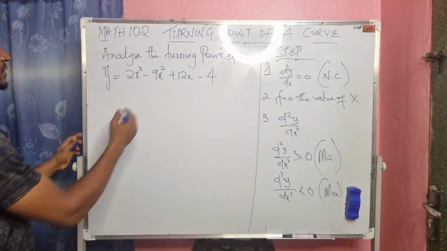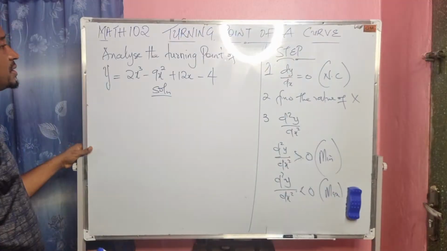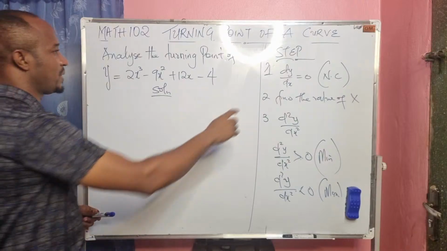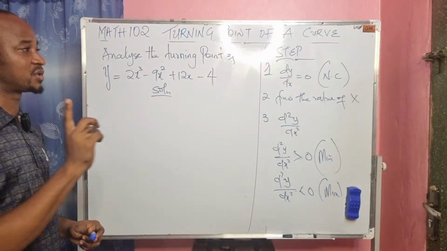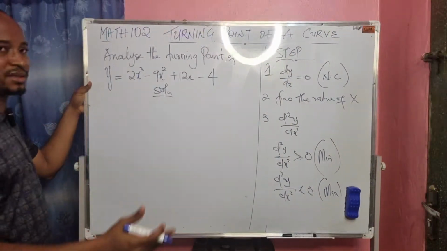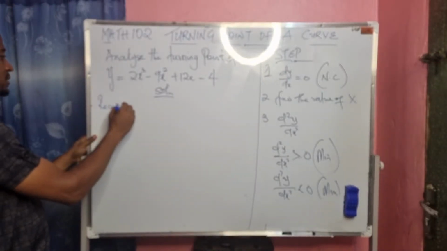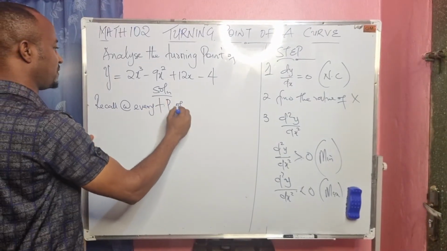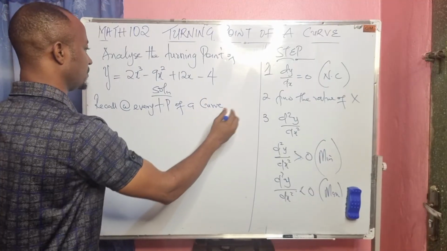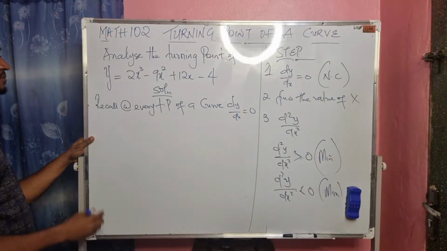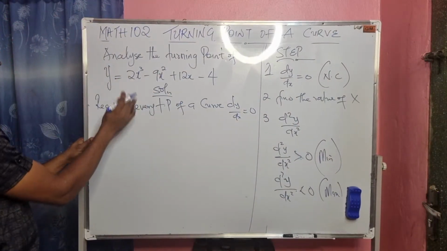Now, I want us to recall that the first step says at every turning point of a curve, dy/dx must be equal to 0. That is called the necessary condition. It means I have to find dy/dx and equate the result to 0. So we have to differentiate this.